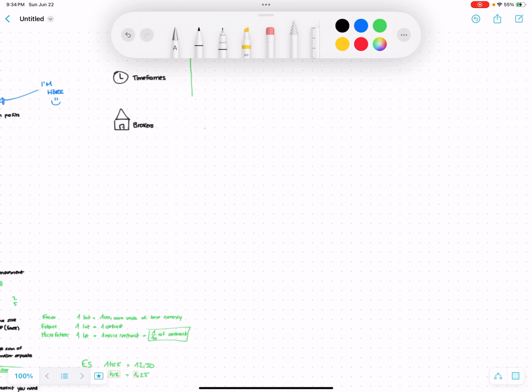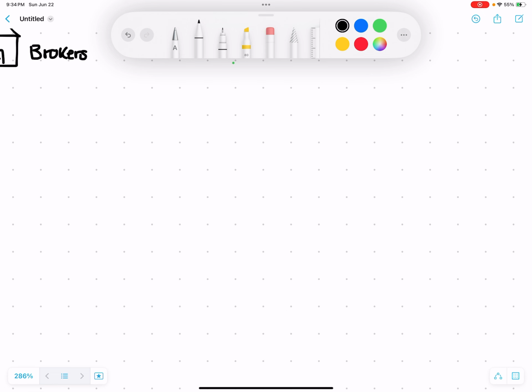I want you to memorize. Let me write it down for you. I want you to memorize that one tick on ES is equal to $12.50, and that one ES point is equal to $50.